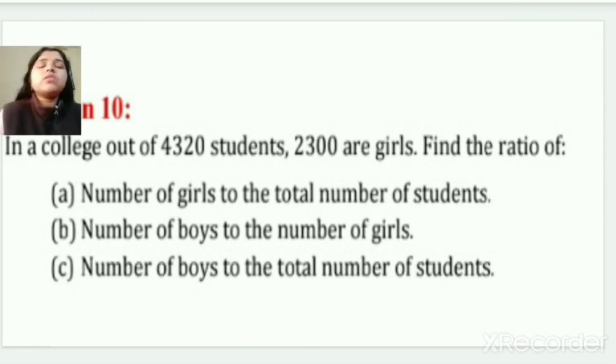Now we have question number 10. In a college out of 4320 students, 2300 are girls. Find the ratio of, first, the number of girls to the total number of students. How many girls are here? 2300, and the total number of students is 4320.